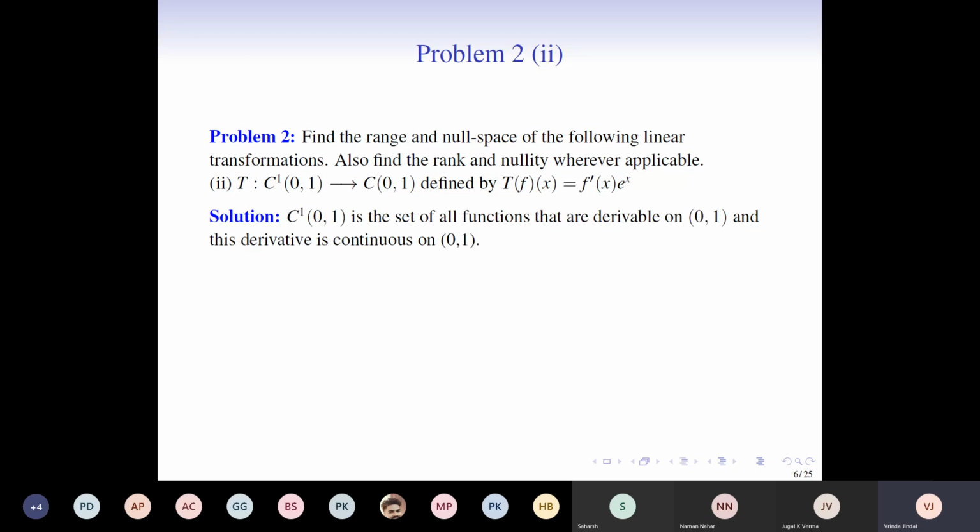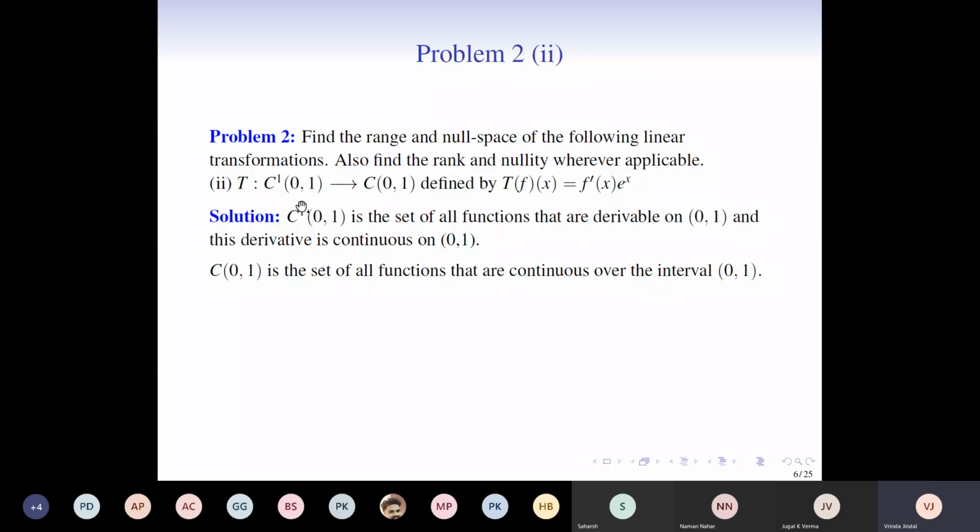So let's first understand what is happening here. This notation C superscript 1 of 0, 1 is the set of all functions whose derivative exists on 0, 1 and the derivative that we get is continuous on 0, 1. C of 0, 1, that is this right hand side block, is the set of all functions that are continuous over the interval 0, 1.